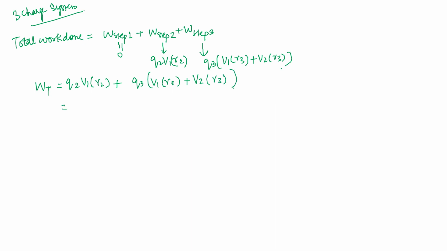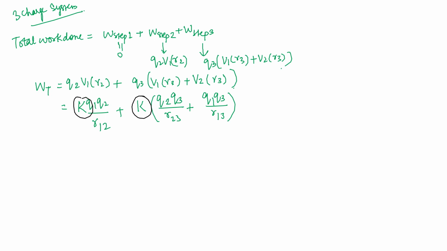Now we know it is equal to KQ1 Q2 upon R12 plus K into Q2 Q3 upon R23 plus Q1 Q3 upon R13. Now here we see that this K and this K are common.